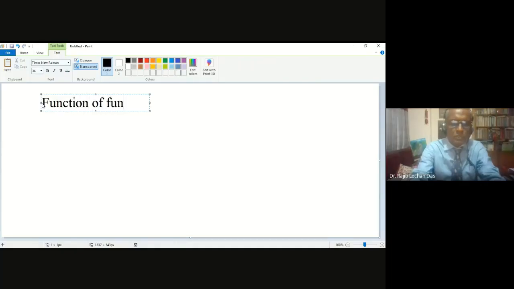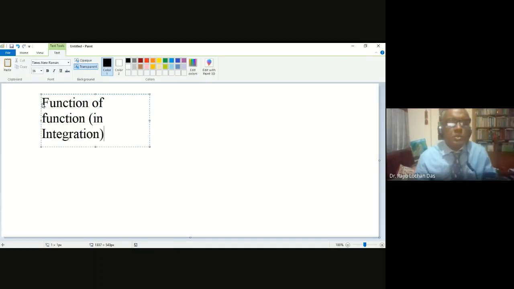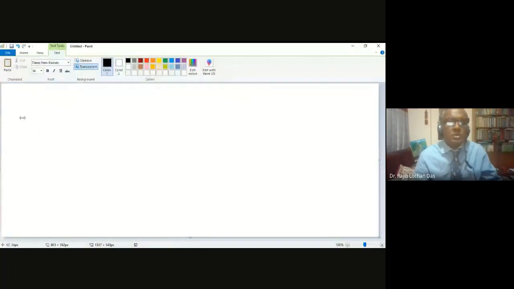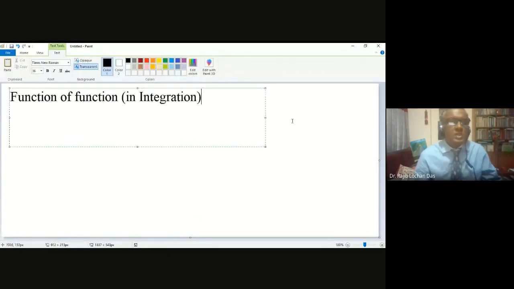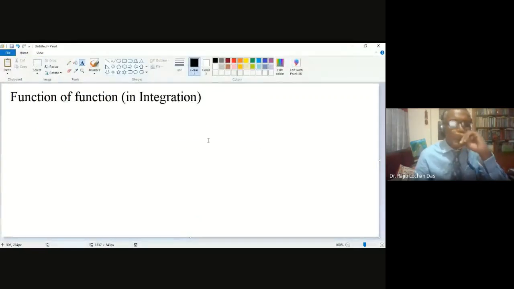Function of function. This is not exactly the same as the topic we discussed in differentiation. It is a concept in integration. In differentiation, we called this function of function or chain rule, but in integration there is no chain rule.